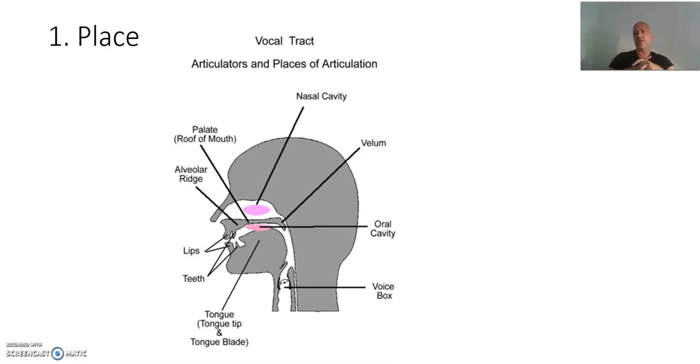Then the alveolar ridge, which is the thing just behind your teeth. When you put your tongue there, something like t is produced, for example. Then you need the velum, the thing very much back in your throat. Very much back. The soft palate, we call it. So you have a palate here, which is hard, and the soft palate, the further back you go, makes you puke.